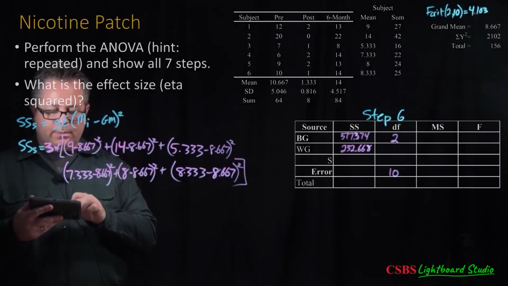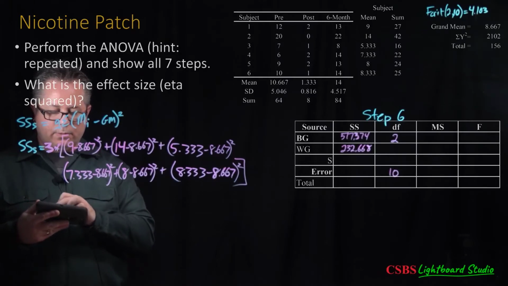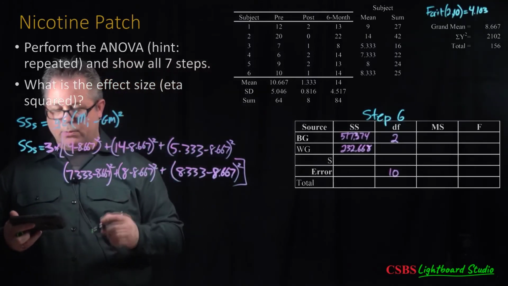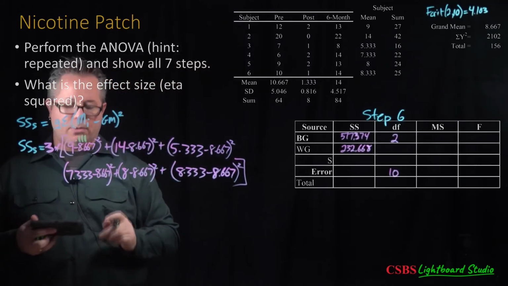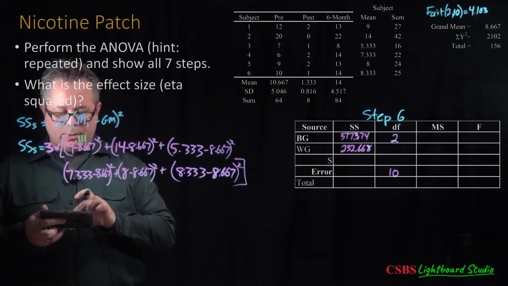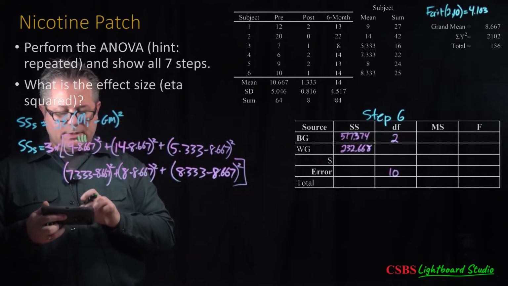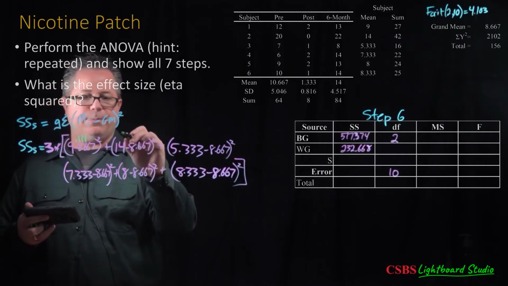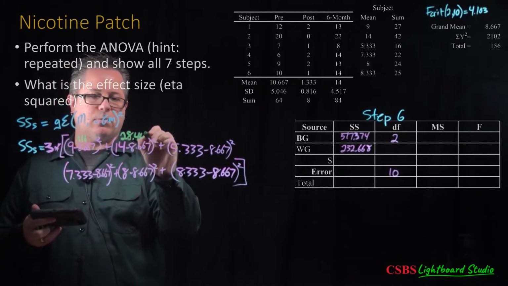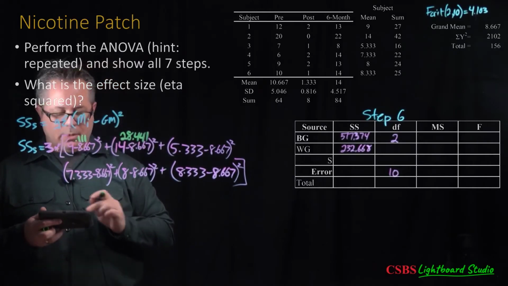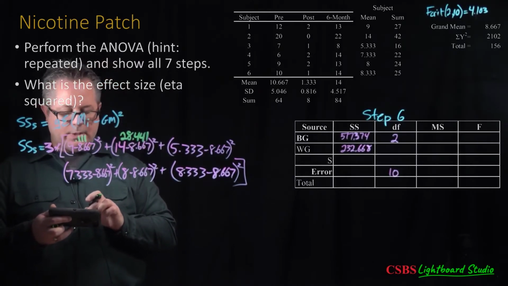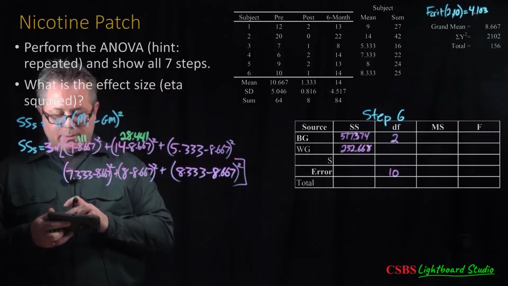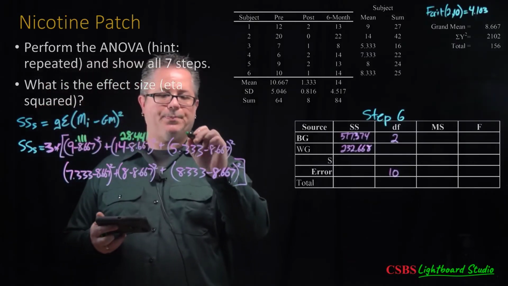9 minus 8.667 equals 0.333 squared. So this first one is 0.111. 14 minus 8.667 equals 5.333 squared is 28.441. Okay. 5.333 minus 8.667 equals negative 3.334. Squared is 11.116.